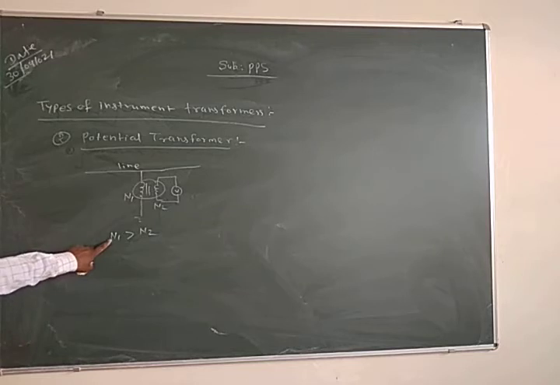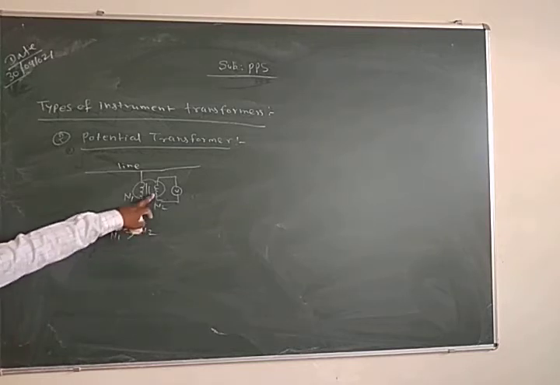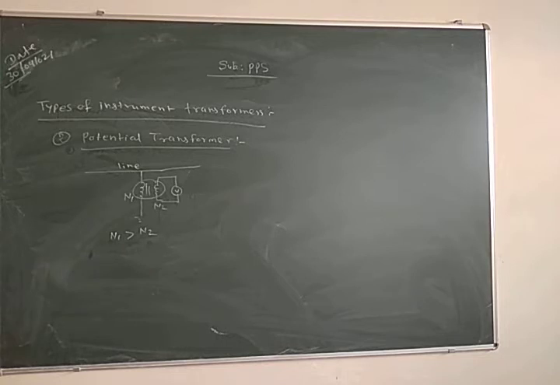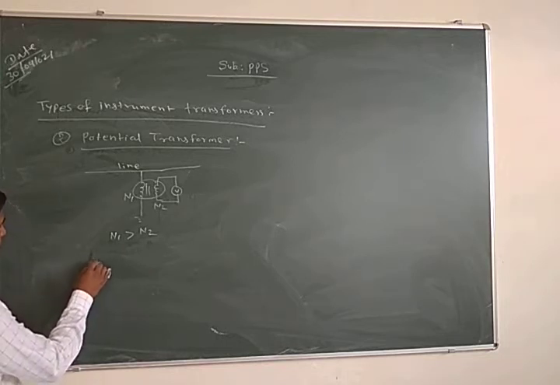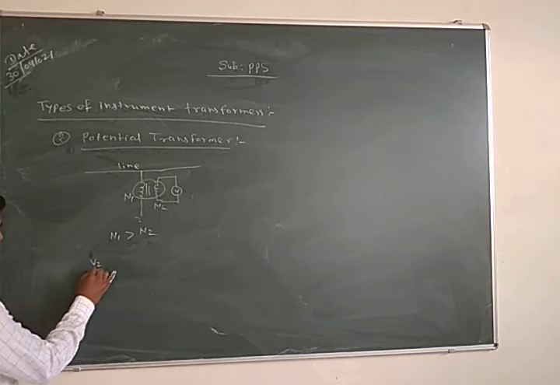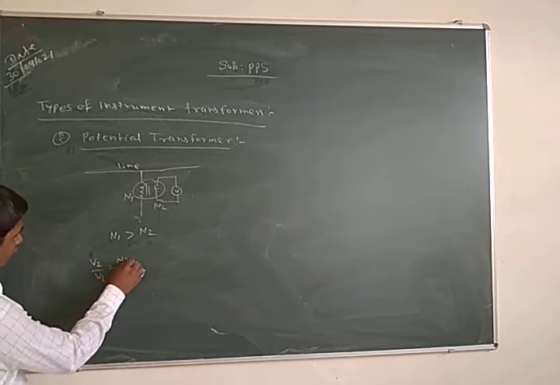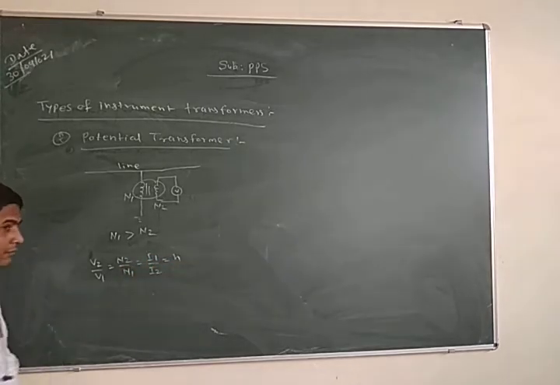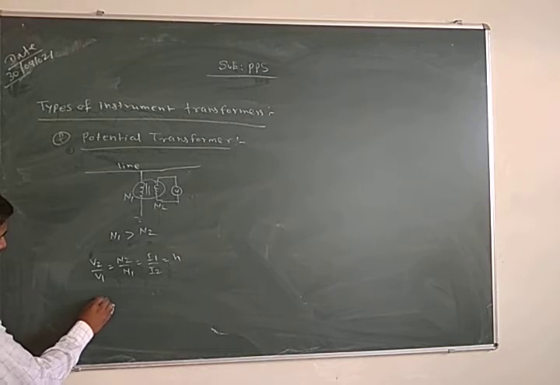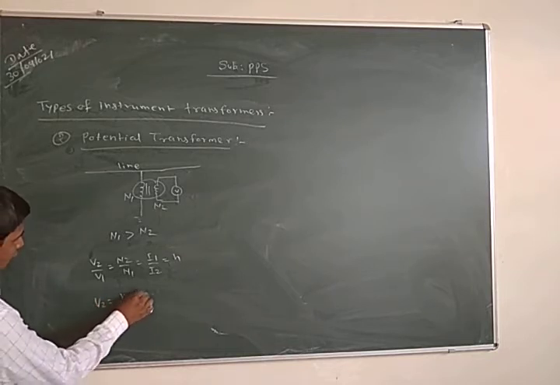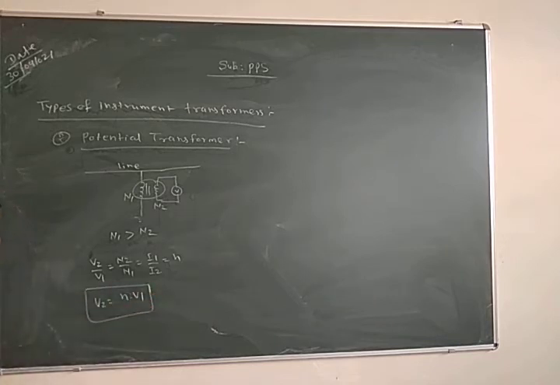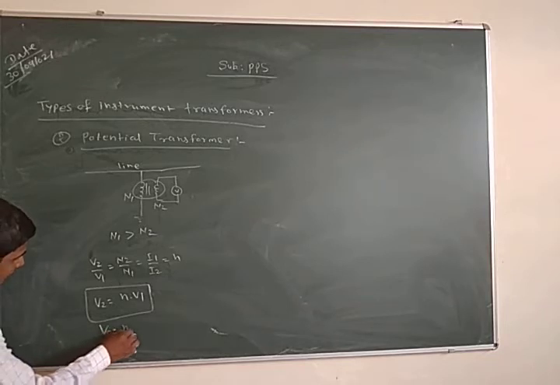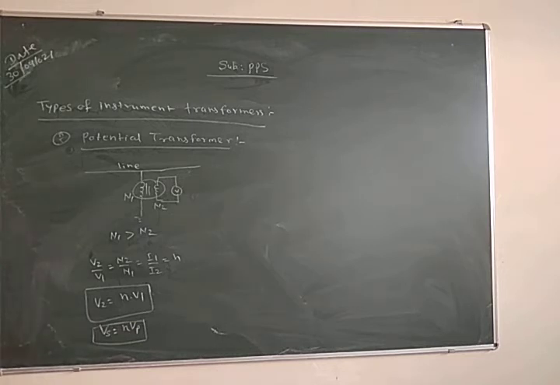From transformer ratio, V2 upon V1 is equal to N2 upon N1 is equal to I1 upon I2 is equal to N. So V2 is equal to N times of V1, or Vs, the secondary voltage, is equal to N times of Vp, or Vp is equal to Vs upon N.